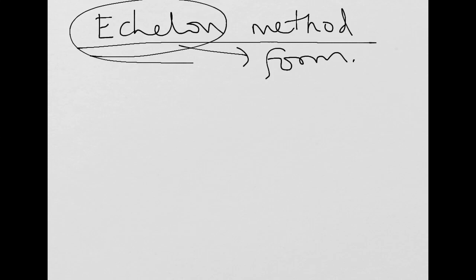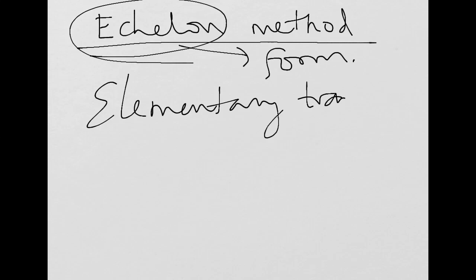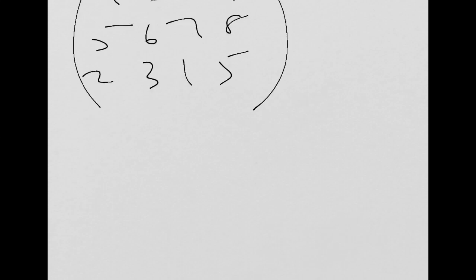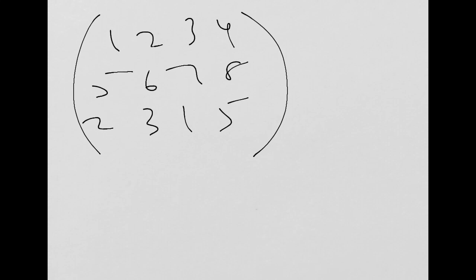Know that basics first. Any matrix given to you, you can keep on doing something called elementary transformation. Sir, what is elementary transformation? Say for example, let me take 1, 2, 3, 4, 5, 6, 7, 8, 2, 3, 1, 5. I can do something called elementary transformation.